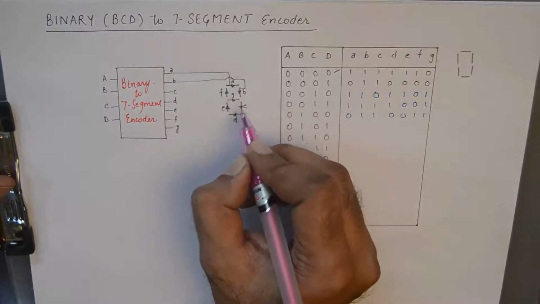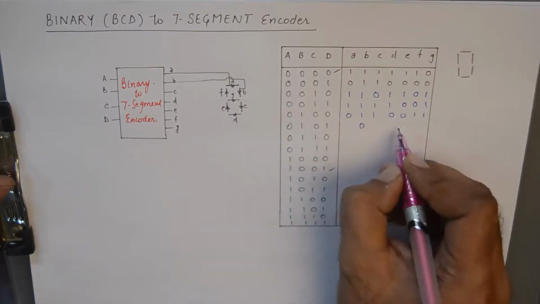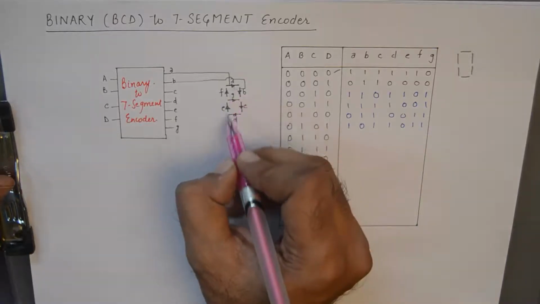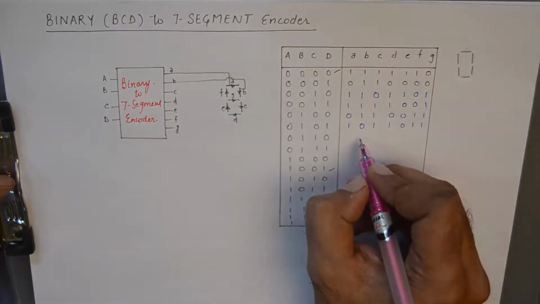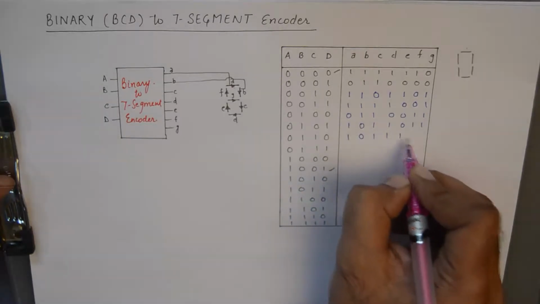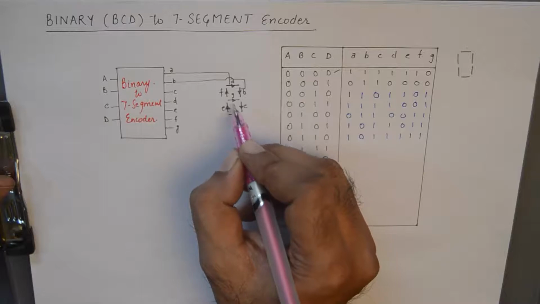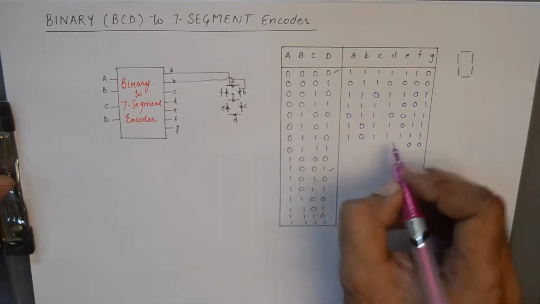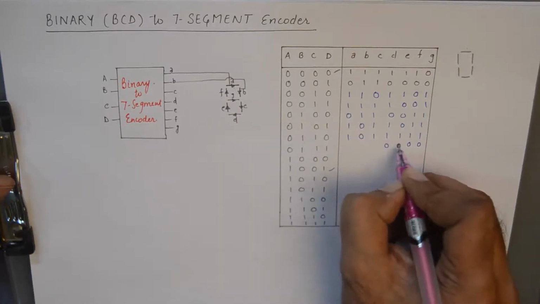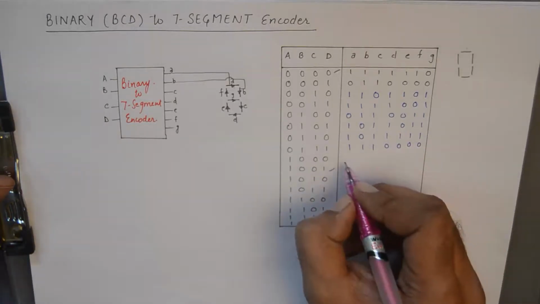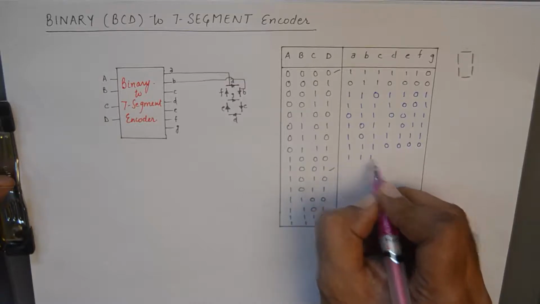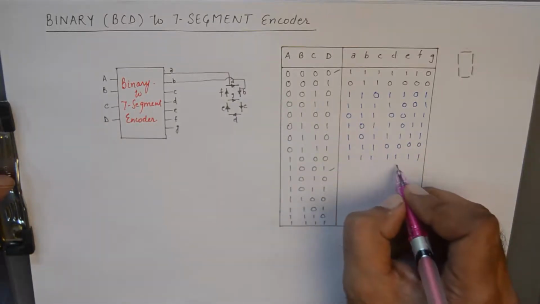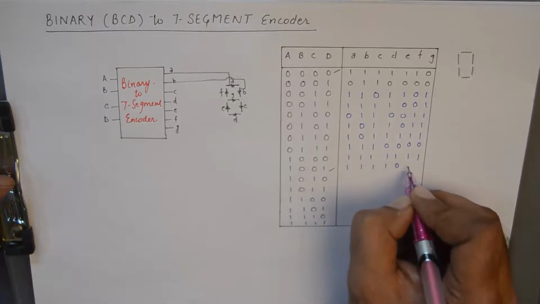5 is obtained by keeping B and E as 0, and the rest of the LEDs need to glow. 6 will keep only B in the off position. 7 will turn off F, G, E and D. So 7 will be something like this. 8 will have every LED turned on, and 9 will have just E turned off.